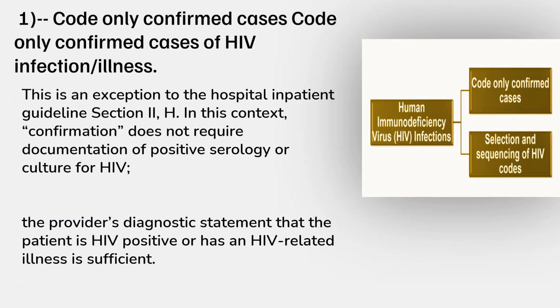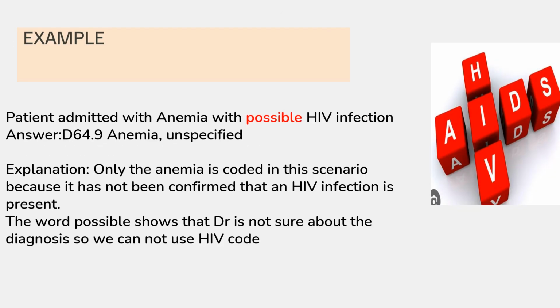So code only confirmed cases of HIV. This is an exception to the hospital inpatient guideline. In this context, the confirmation does not require documentation of positive serology or culture for HIV. The provider's diagnostic statement that the patient is HIV positive or has HIV related illness is sufficient. Patient admitted with anemia with a possible HIV infection.